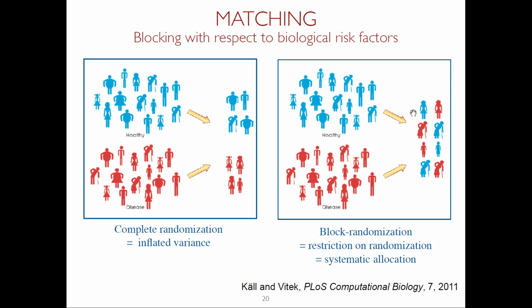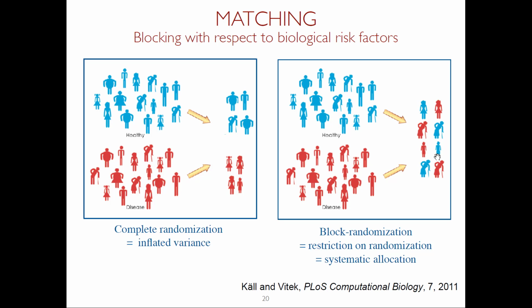I randomly select the blue, randomly select the red, but one of each. Then I want to have one randomly selected older female in the group, one randomly selected younger male, and so on. And so now it ensures that we have the same distribution of these confounding factors between the groups. But you must assume that you know the confounding factors before the study.